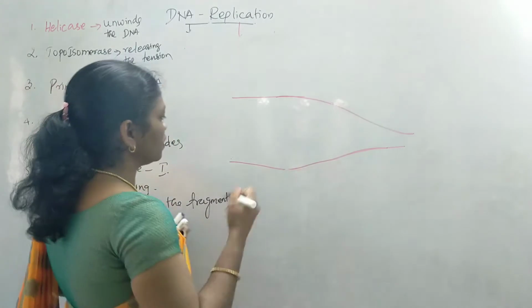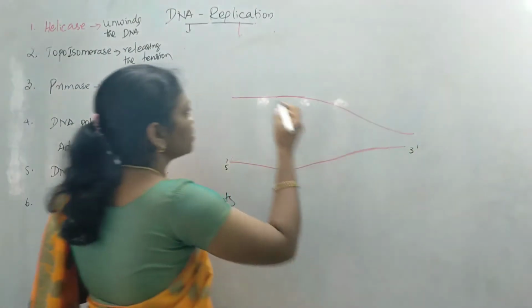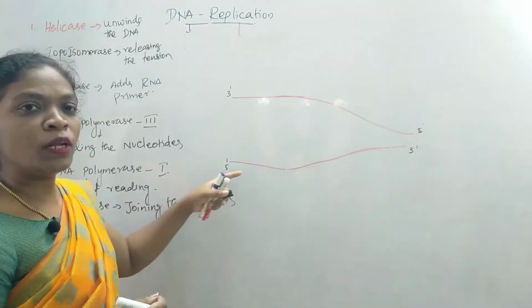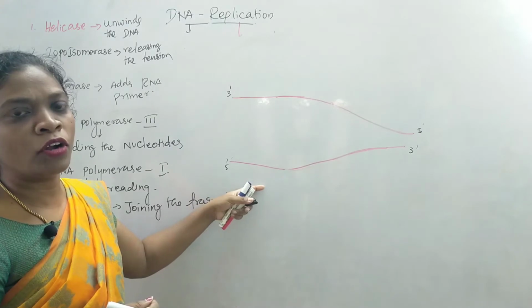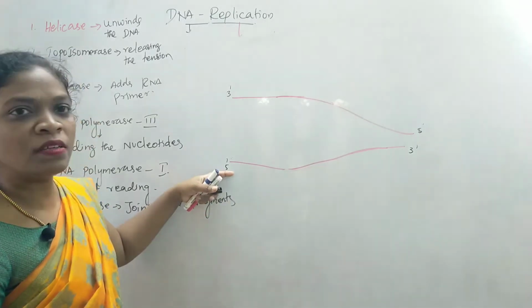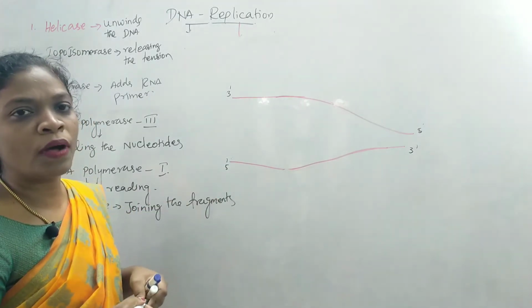One strand runs from the 5' direction to the 3' direction. The other strand runs from the 3' direction to the 5' direction. We learned about this polarity of the DNA molecule in the previous video, where the 5' end represents the phosphate group and the 3' end represents the hydroxyl group. That is a functional group of DNA.